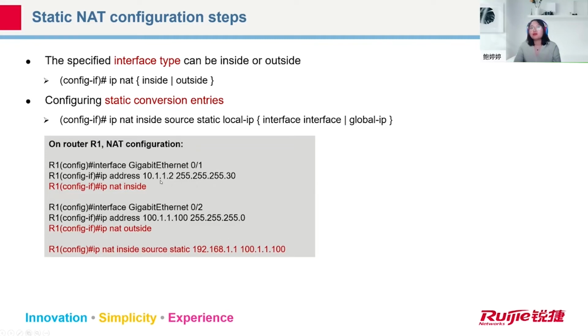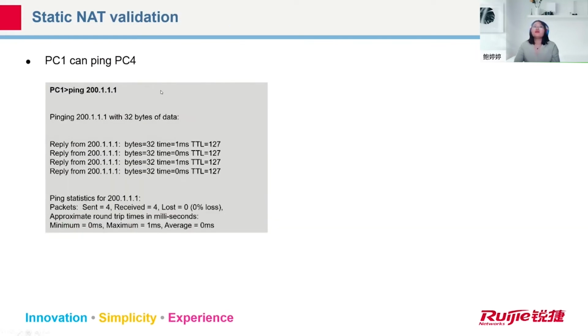So if I receive a message from GigabitEthernet 0/1 and the source IP address is 192.168.1.1, this IP address is wrong. Sorry, this is the IP address of the router. If I receive a message whose source IP address is 192.168.10.1, I will translate it to this IP address. Okay, so this is static. And you can also use ping to test the connection.